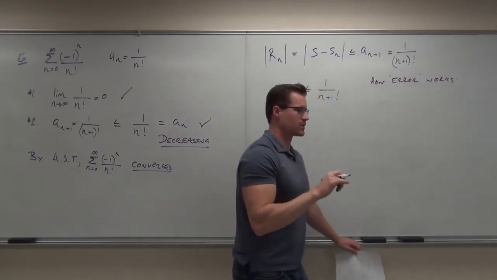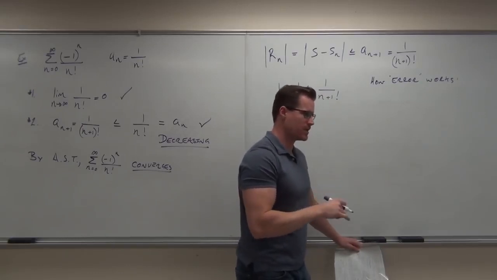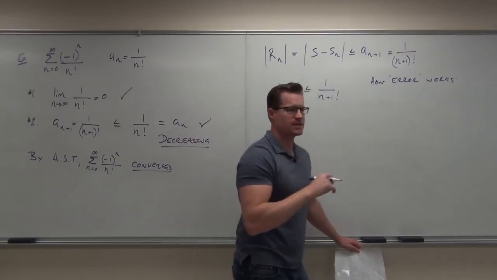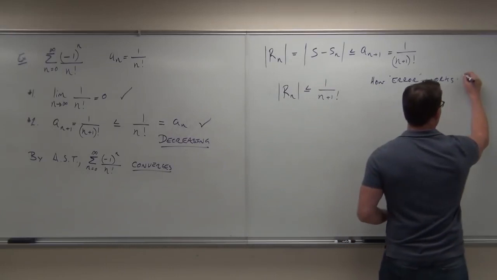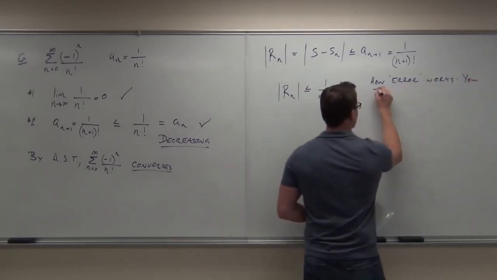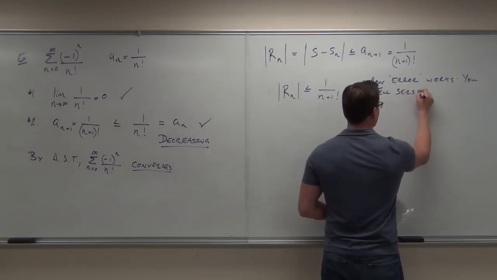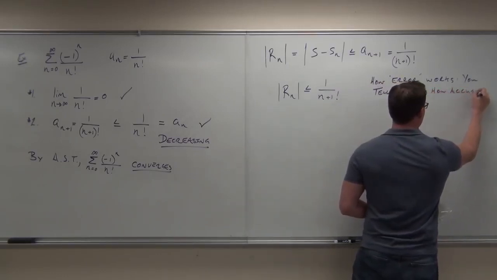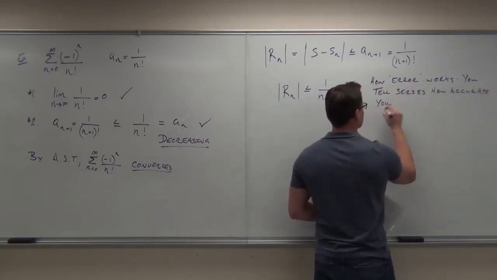You tell the series, the partial sum, how accurate you want to be, and then you use the error, whatever this is, to tell you how many terms you need to be that accurate.